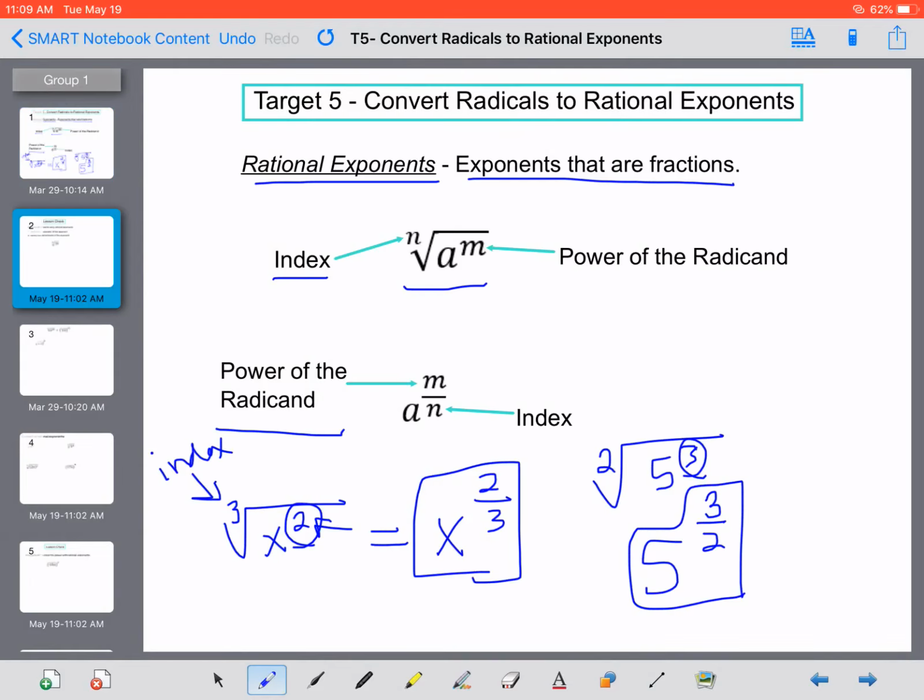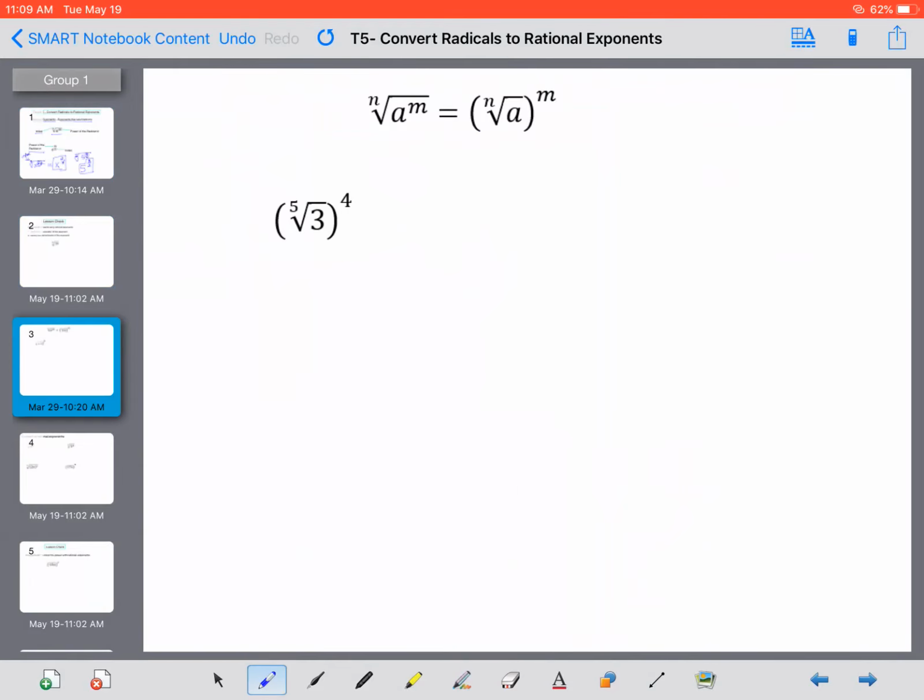Okay, the next question. One thing to remember is that if you have the power, a to the m power, on the inside of your radical, that's the same as raising the entire radical expression to that power. So you can write them either way. You can bring the exponent inside or leave it on the outside.